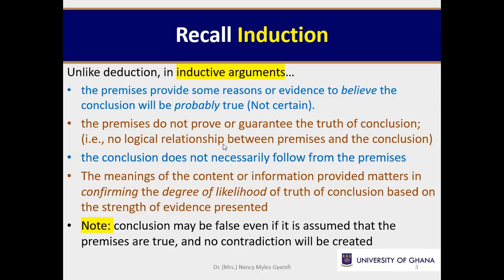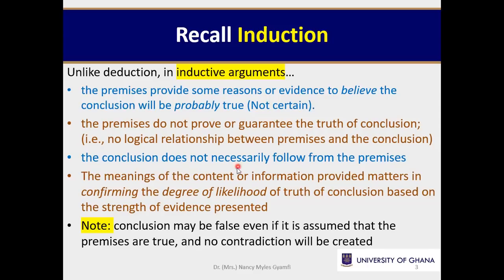So there is no logical relationship between the premises and the conclusion of an inductive argument. We don't care whether it is a very good inductive argument that's strong enough or a weak one. It will not be a proof. Why? Because its premises do not prove or guarantee the truth of the conclusion, even if we granted that the premises were true.